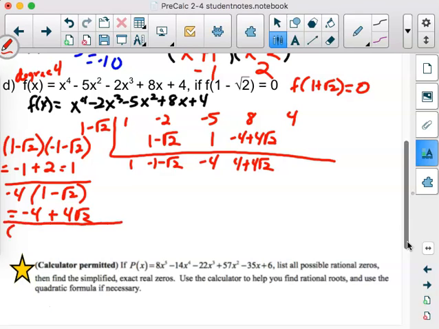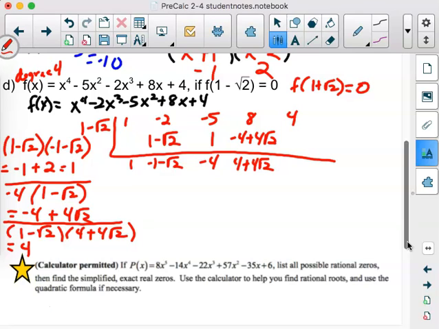We have to take the quantity 1 minus the square root of 2 times the quantity 4 plus 4 square roots of 2. Using FOIL, first times first is 4. And now remembering what happened last time and thinking ahead that this should just come out to -4 if this is going to work, the outside times outside plus inside times inside should cancel out.